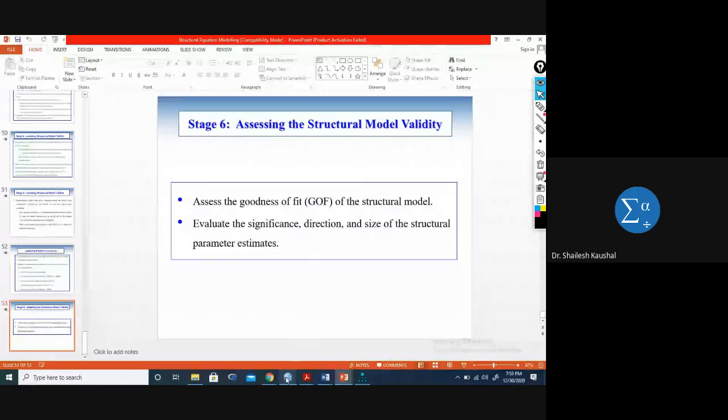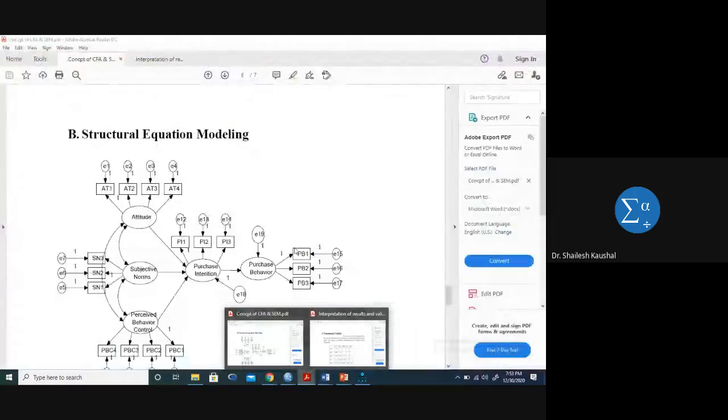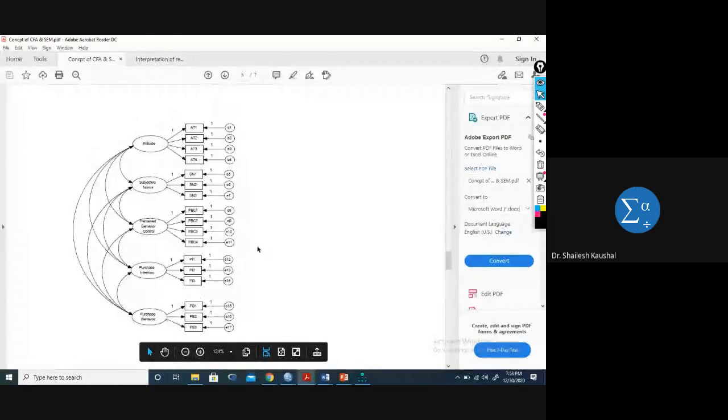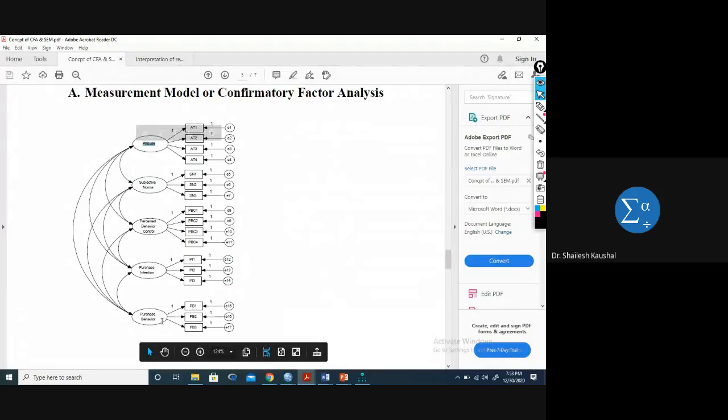In this first case we check whether any model is not valid. For example, I am confirming whether all the constructs are valid or not. Through CFA we can identify whether all the constructs are valid or not.